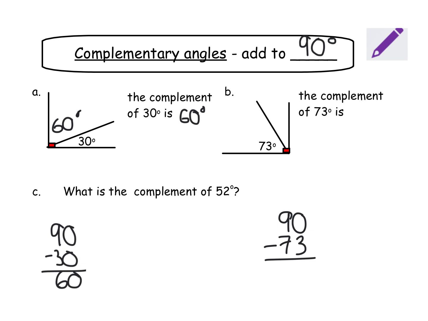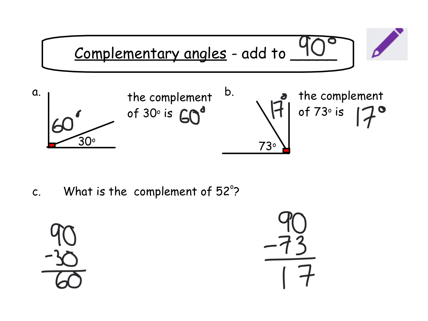You can either take away mentally, you can do a sum, or sometimes I count up rather than taking away. So by counting up, I mean from 73, I know 7 takes me to 80, and then I've got another 10 to go, so in fact the answer is 17. So the missing angle in my diagram is 17 degrees. So the complement of 73 can be said to be 17 degrees.